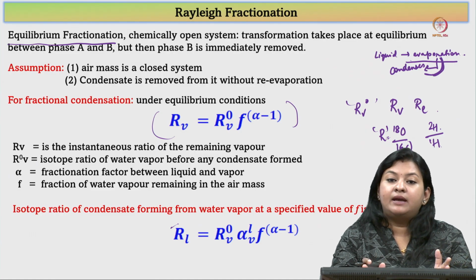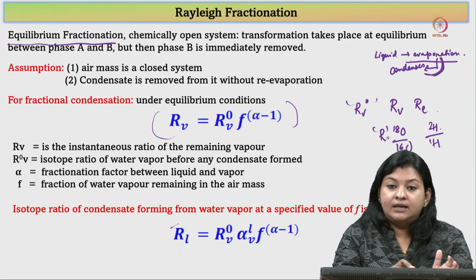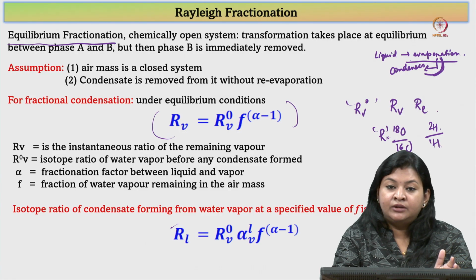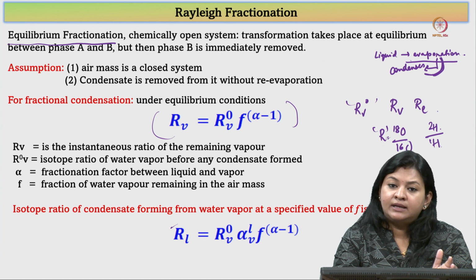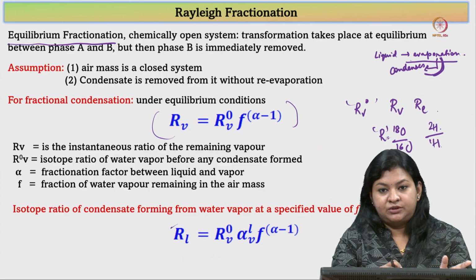So, those are my two equations that will help me to understand the remnant vapor ratio, and the liquid that is condensing from the air mass at any given fraction, and the initial vapor composition.